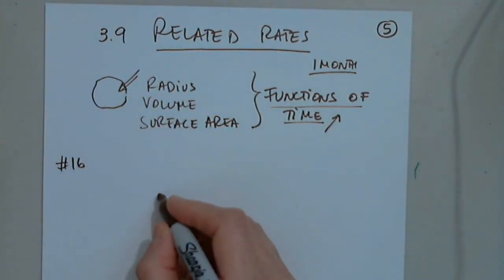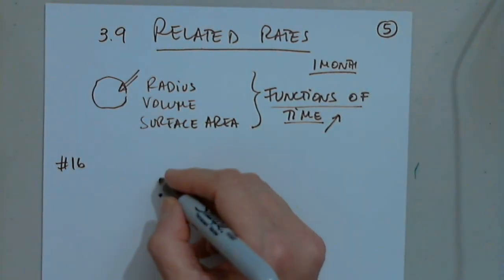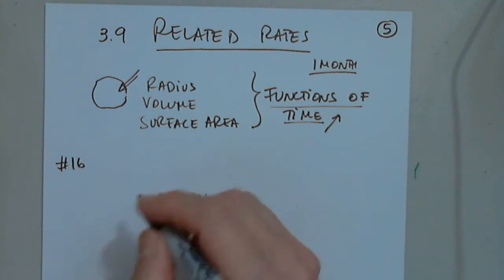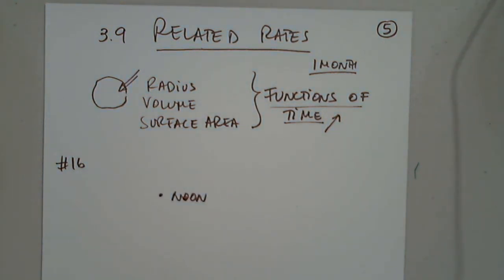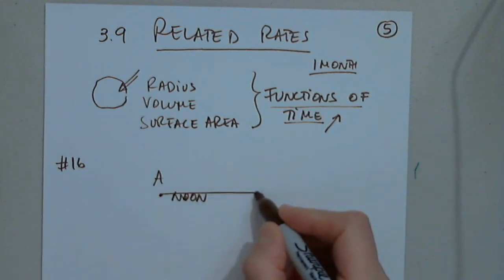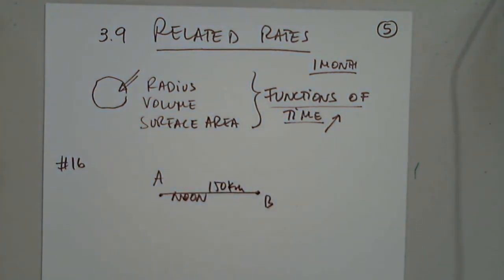So we have at noon a ship. Okay, so at noon, ship A is 150 kilometers west of ship B. Okay, so this is A, this is B, and this is 150 kilometers. Fine.